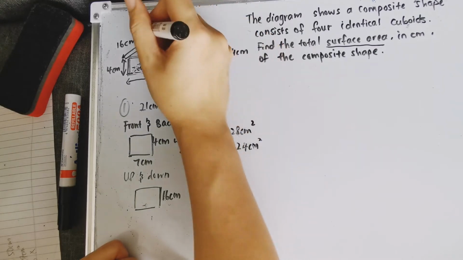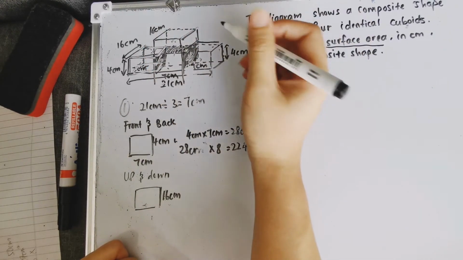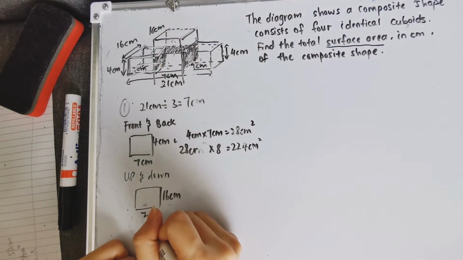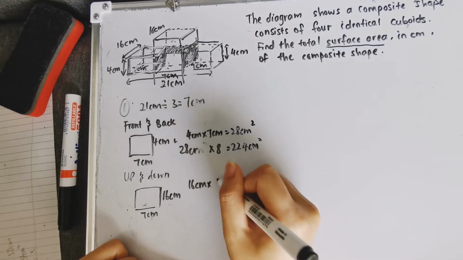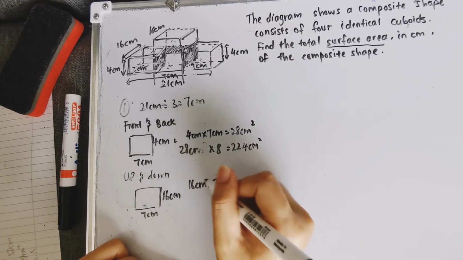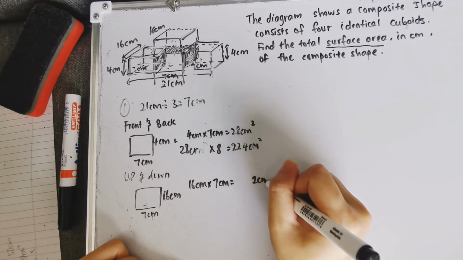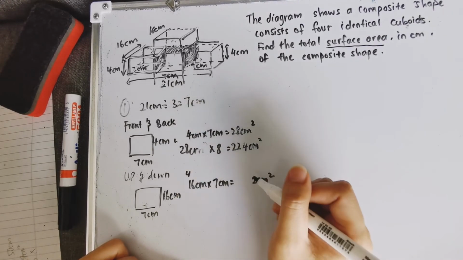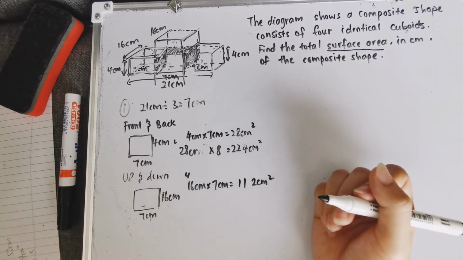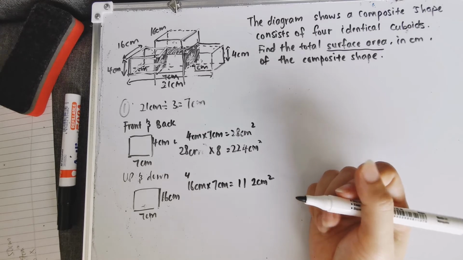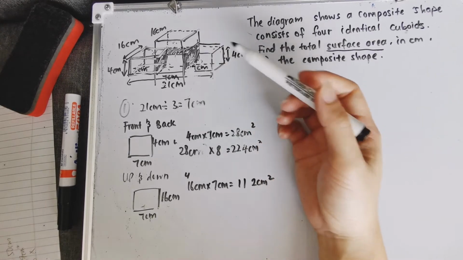Okay, this is 16. This is 7. So 16 times 7 cm. 6 times 7, 42. 1 times 7, 7. 7 plus 4, 11. So it's 112 cm squared. So how many sides do we have?